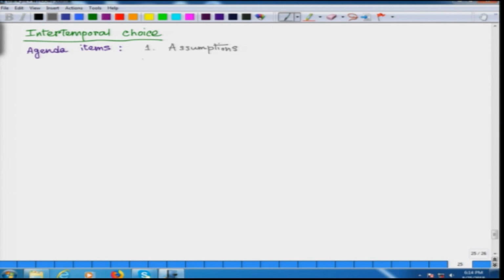Then with the assumptions we will develop the budget constraint of the consumer, and then we are going to find out the optimal consumption plan and lending and borrowing.